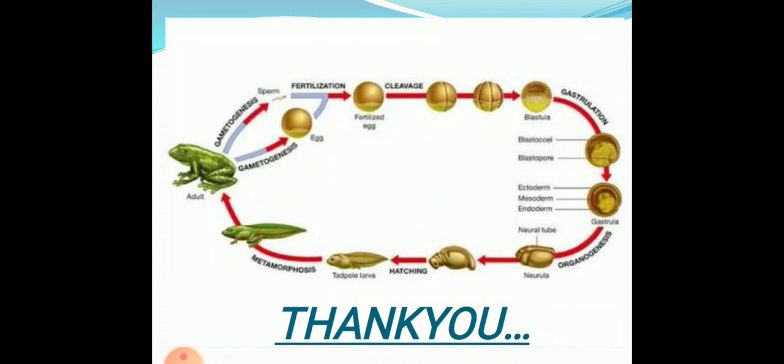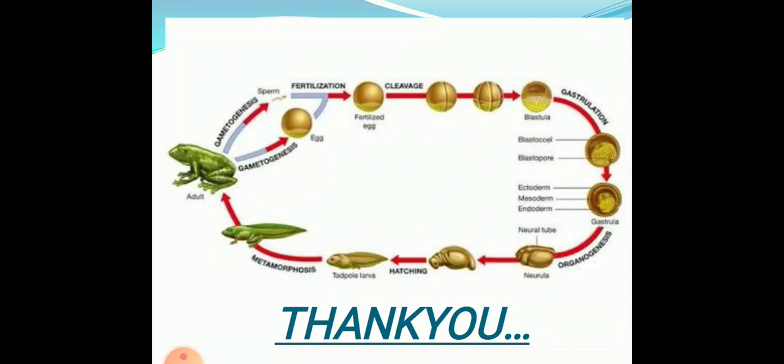The ova and the sperm are released into the water medium, and only in the water medium they can fuse together to form the diploid zygote, called fertilization. After fertilization, the fertilized egg undergoes rapid mitotic division called cleavage, and here the first, second, third, fourth, fifth cleavage, and after the fifth cleavage the regularity of the cleavage will be lost, and that forms the solid ball called morula.